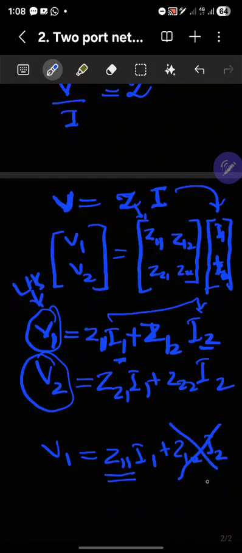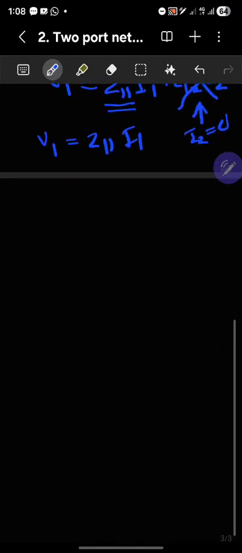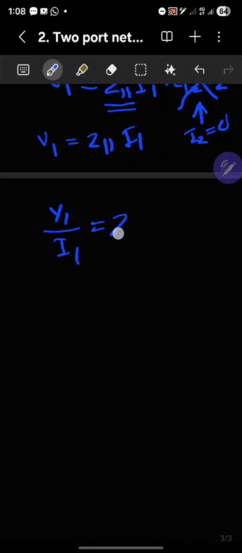How to make this term 0? Z12 is a parameter, we cannot make it 0. So the other term, I2, should be 0. If I2 is 0, then the expression becomes V1 is equal to Z11 I1. From here, we can write V1 by I1 is equal to Z11.